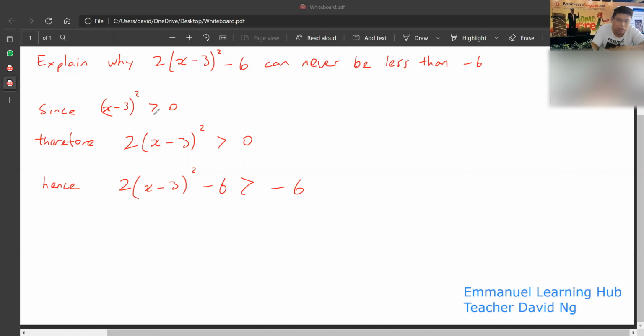Actually, you need this. Okay? Since this one greater than 0, therefore this one is greater than 0. Hence, this whole chunk, right, will always be greater than -6.